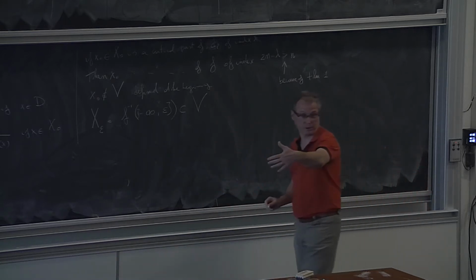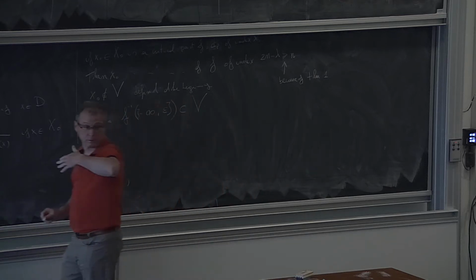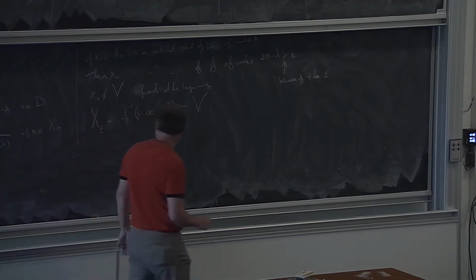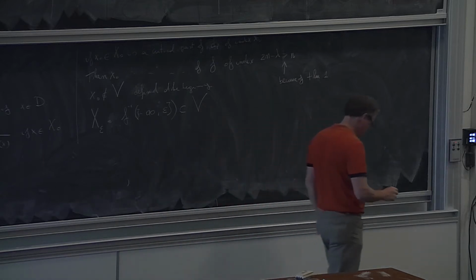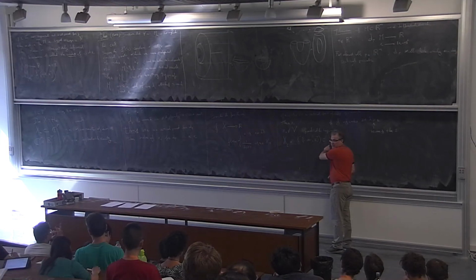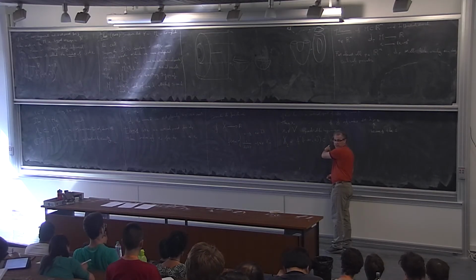You can do it because f is at least continuous. Okay? So you choose epsilon so that this property is verified. Okay?